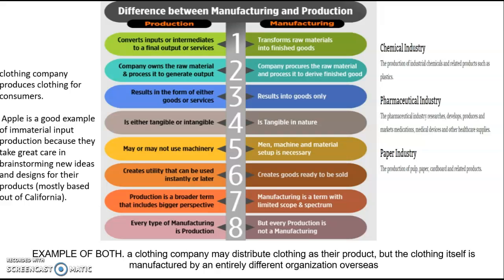Manufacturing is when you have raw materials and you make a product, but production is when you take that product into the supermarket. I'm not going to explain all the differences, but I'm going to explain the most important ones. Manufacturing results in goods only. Let's talk about El Ingenio, that example that we have in San Miguel.